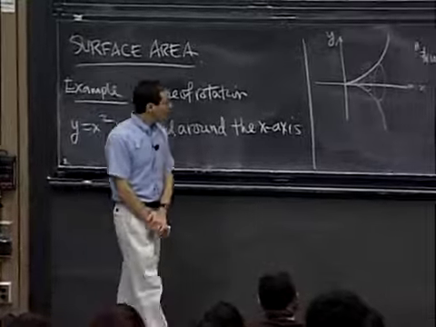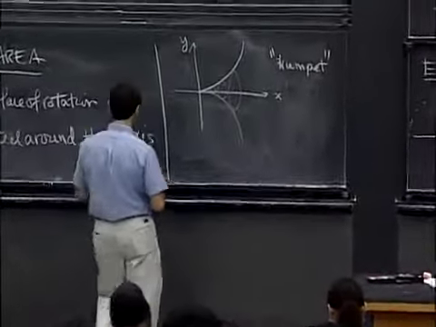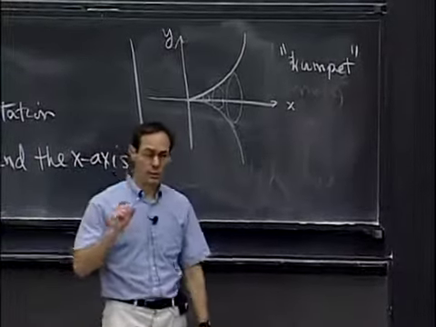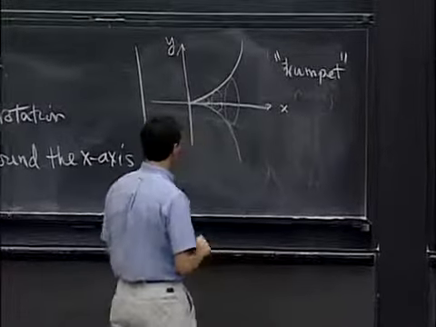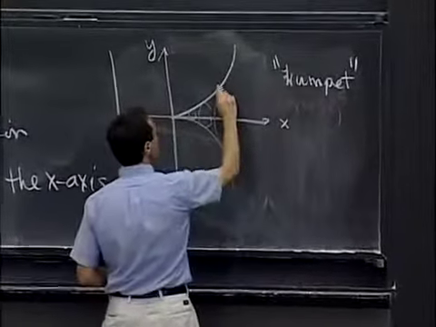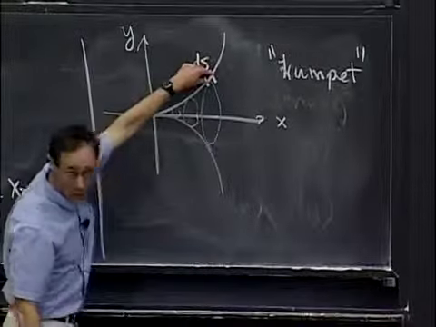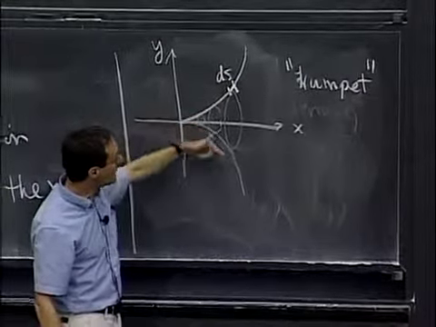Now, the principle for figuring out what the formula for area is not that different from what we did for surfaces of revolution, but it just requires a little bit of thought and imagination. We have a little chunk of arc length along here, and we're going to spin that around this axis.